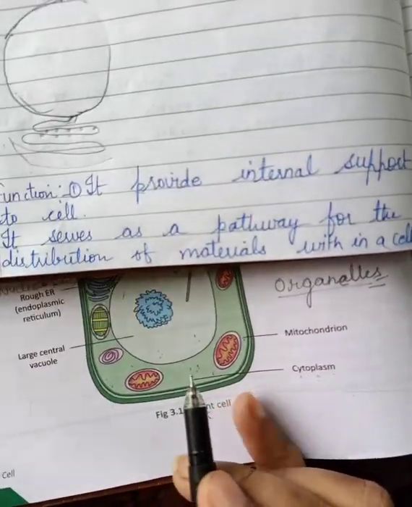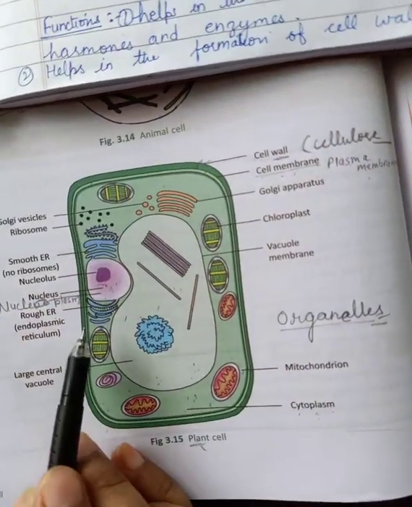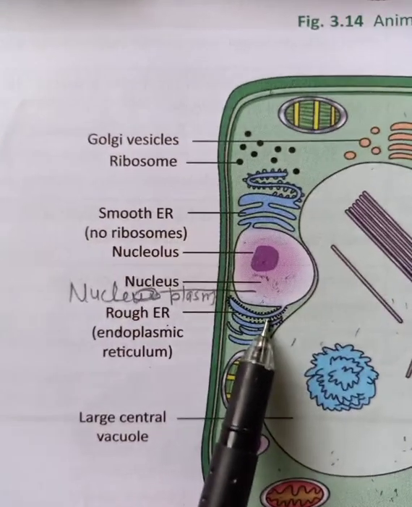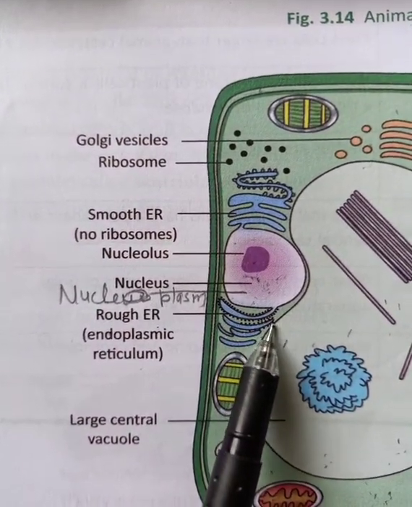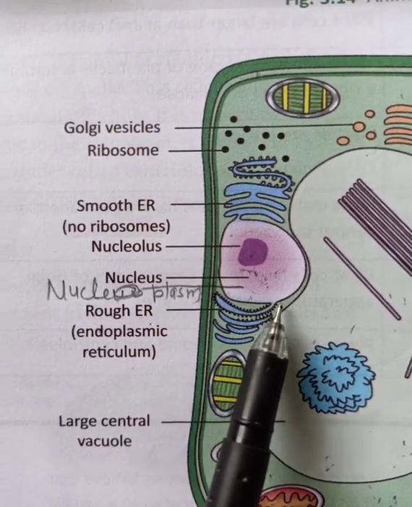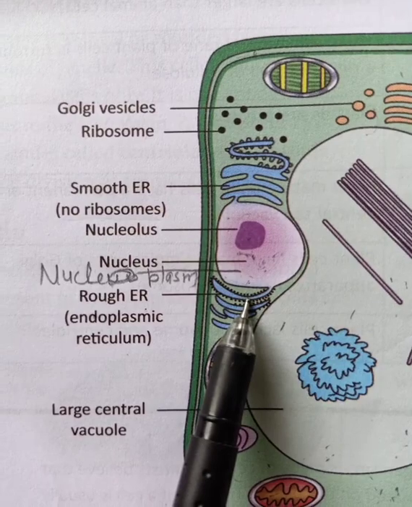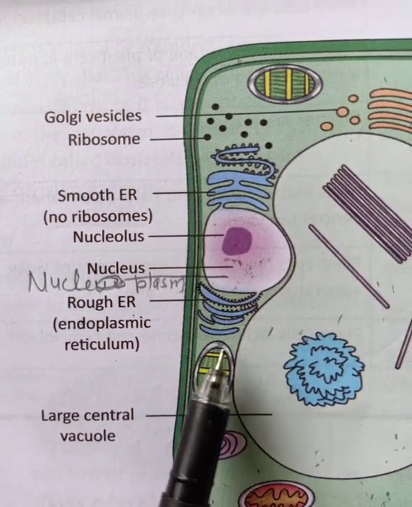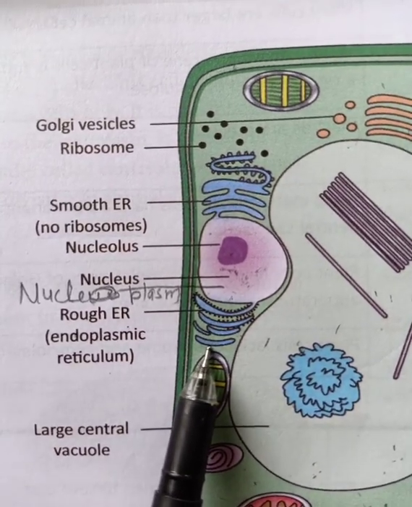Now, as I told you, ribosomes are present on the endoplasmic reticulum. These are small granule-like structures present on the rough endoplasmic reticulum. The endoplasmic reticulum is helpful for providing internal support to the cell and serves as a pathway for the distribution of material.